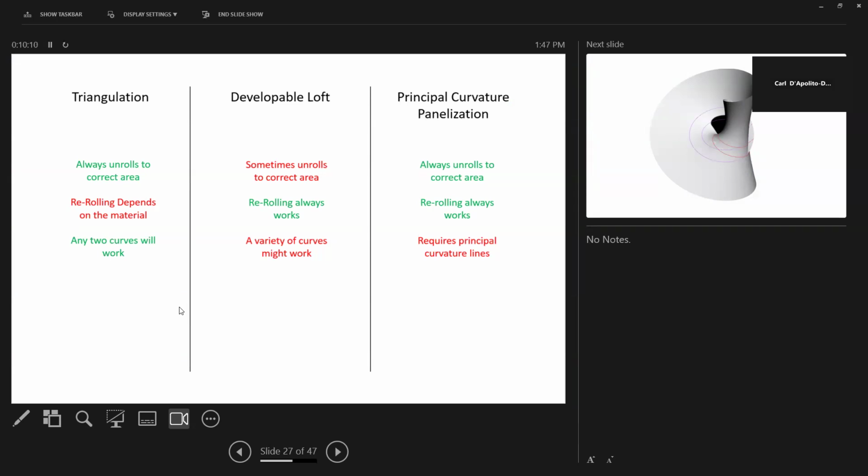But re-rolling depends on the material because it might still be twisty. When you use the developable loft, sometimes it doesn't work, but re-rolling would always work. And it would work with some curves. When you use the principal curvature, it always unrolls, re-rolling always works, but it requires a specific set of curves in order to work, which are the principal curvature lines.